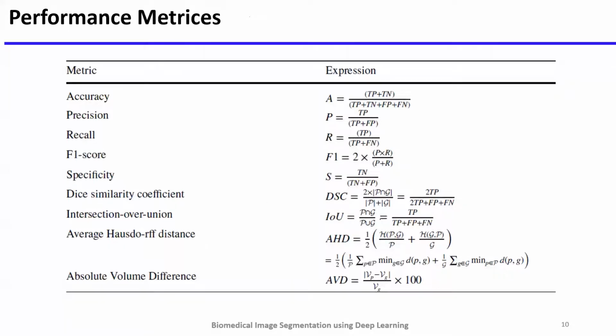The idea is P intersection G upon P union G, which is true positive upon true positive plus false positive plus false negative. So these two are what people are using, especially for image segmentation, to measure the model performance.